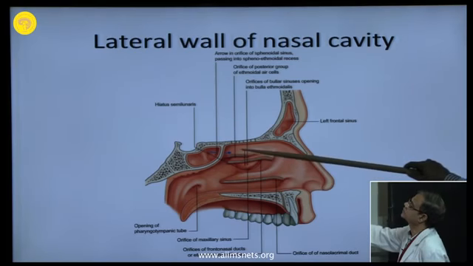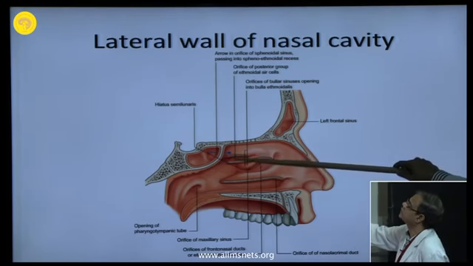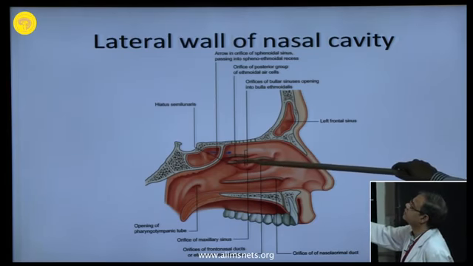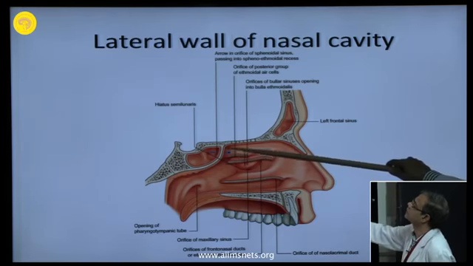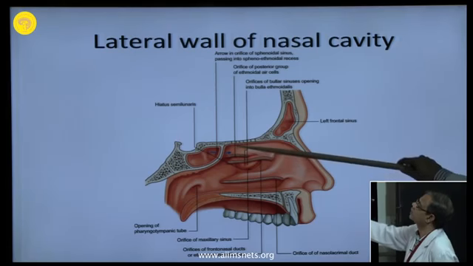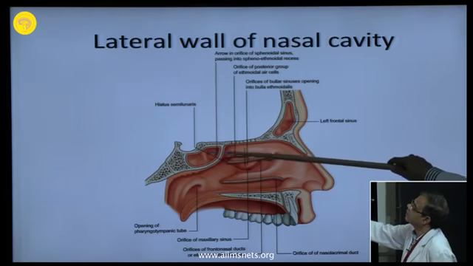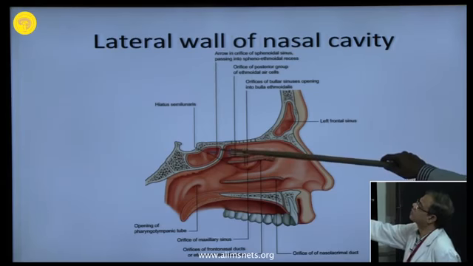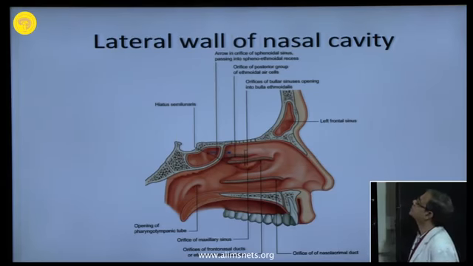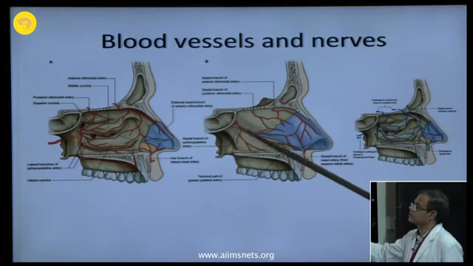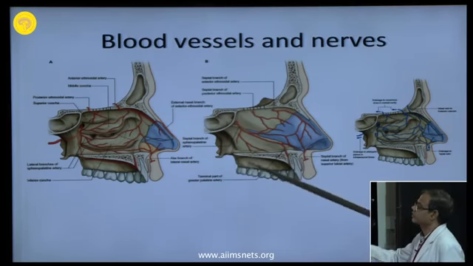Above that is the superior concha and the superior meatus, and if you go up, this area is the sphenoethmoidal recess. Sometimes you can get another concha here, the highest ethmoidal concha, and the highest recess also. Above this you will see the opening of the sphenoidal air sinus. The vascularity of the nasal cavity is very important, because it is highly vascular.